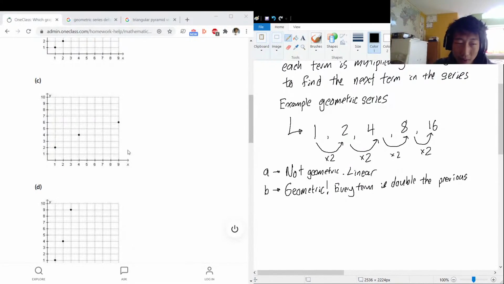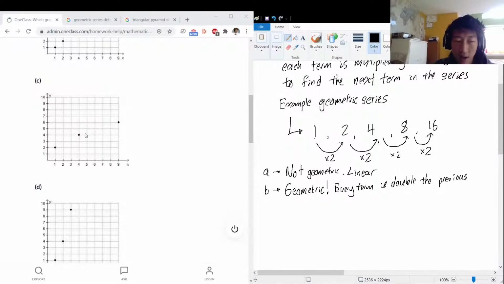At 4 it's 4, at 9 it's 6. It seems like the increase in y is pretty small compared to the increase in x. So the growth is going to be smaller and smaller. Initially we had a height change of 2 over a horizontal change of 4.